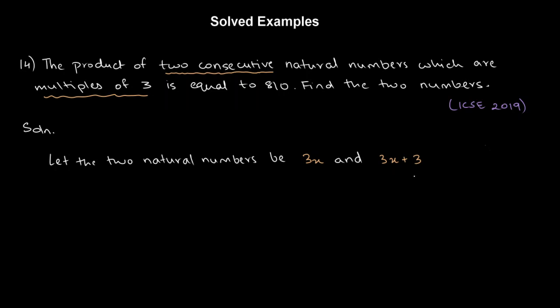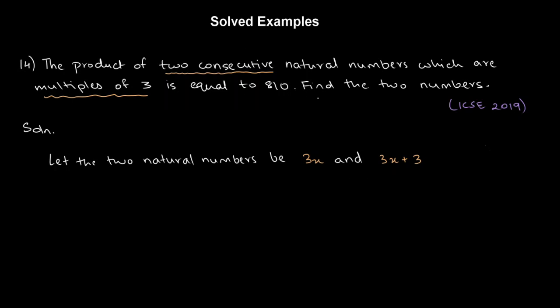Why plus 3, you may ask? Because understand, what are the multiples of 3? 3, 6, 9, 12, 15 and so on. Between any two consecutive multiples of 3, the difference is 3. So if the smaller multiple of 3 is 3x, the one after that will be 3x plus 3. Right, so the two natural numbers will be 3x and 3x plus 3.